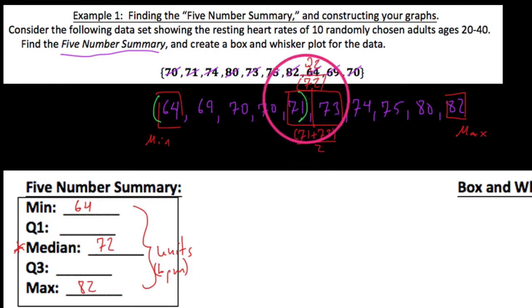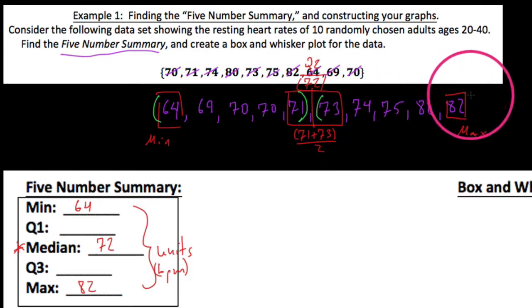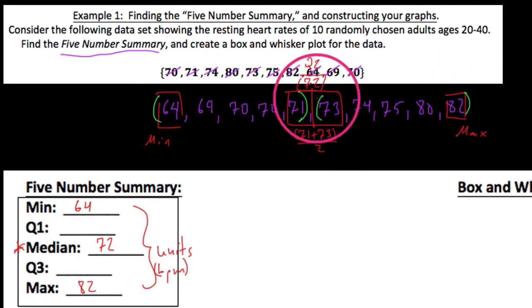Now when I say within, I mean that if 72 is your median, you always start 1 to the left of this, because this is kind of our first half of data values here. The median doesn't get counted in that first half. And likewise with our second half, you always start 1 to the left and 1 to the right of the median to get your halves of data. But we're going to be splitting these in half.